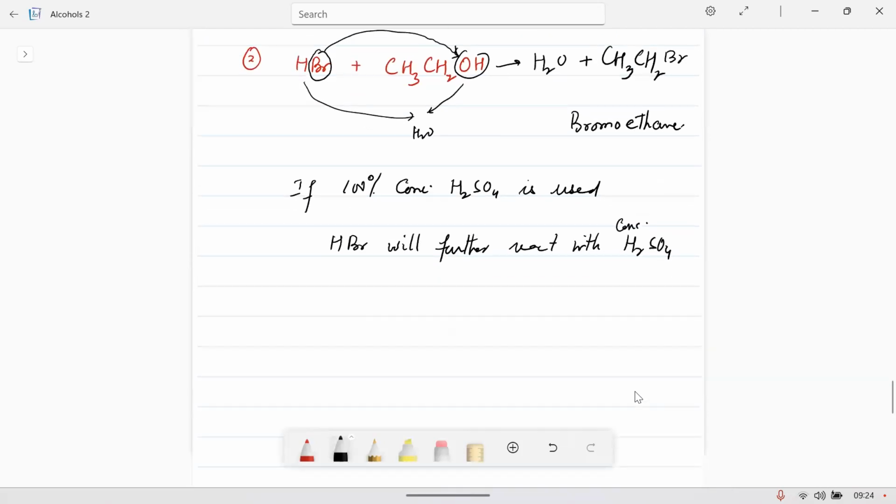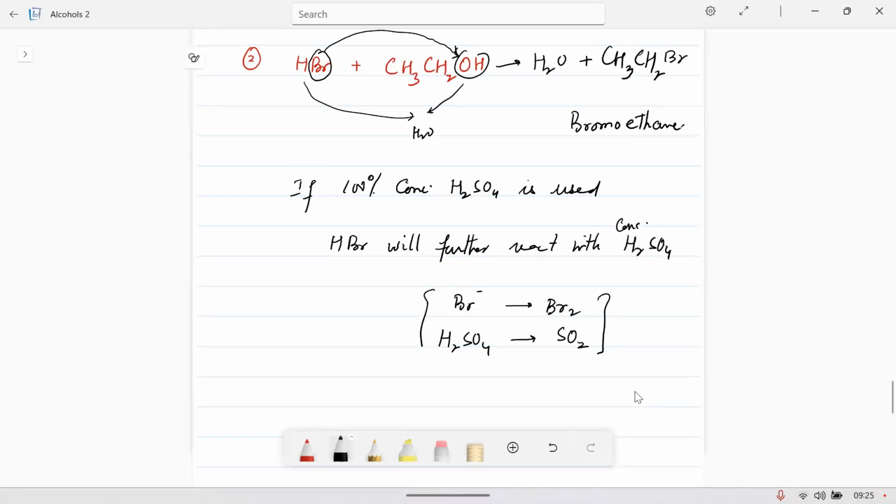Or you say H2SO4 will react further, it is the same thing. So what will happen is the Br minus will change into Br2 and the H2SO4 will be changed into SO2. So when they react further, this will happen.